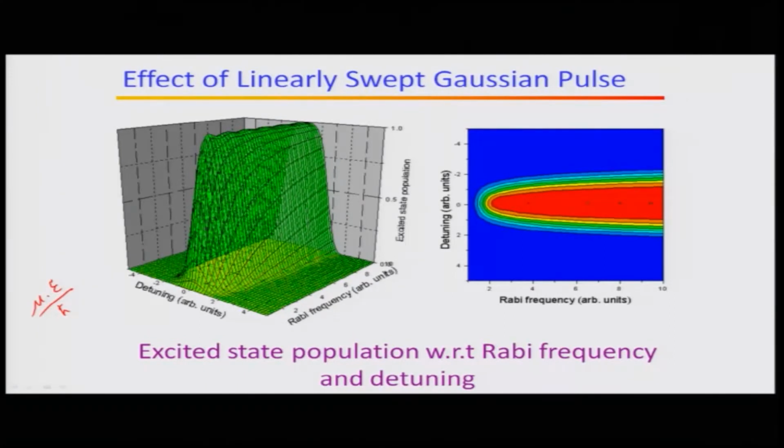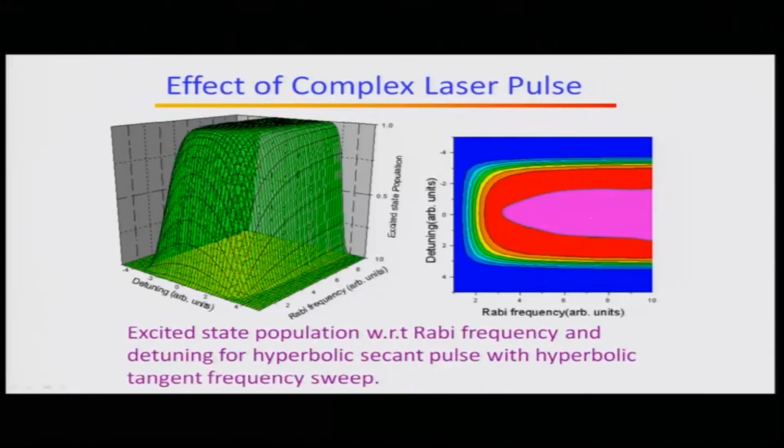Once again, the sweeping which results in adiabaticity can be looked at as a result of different pulse shapes, and the more complex laser pulses have very specific interactions. One of the interesting ones is hyperbolic secant with hyperbolic tangent frequency sweep, because it essentially results in a rectangular inversion profile.